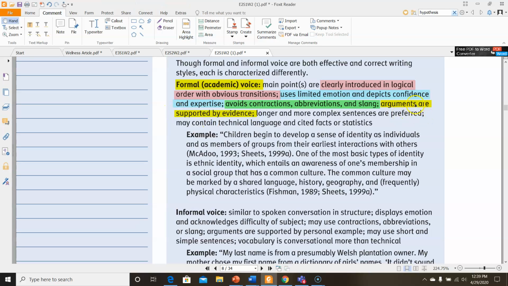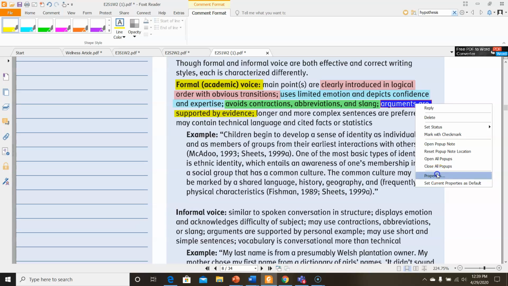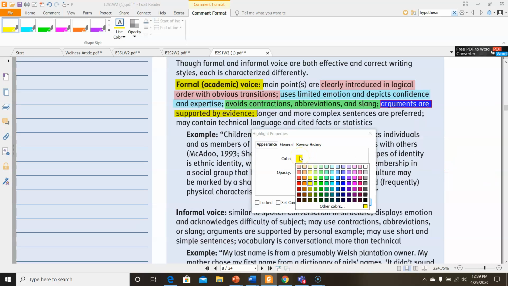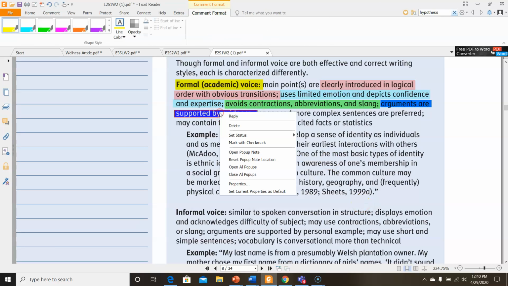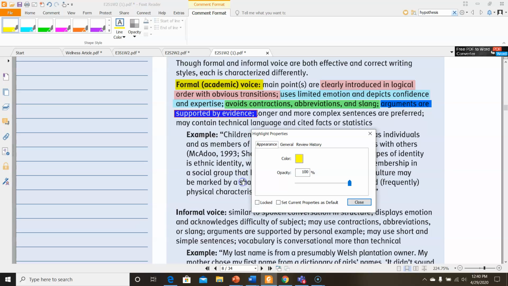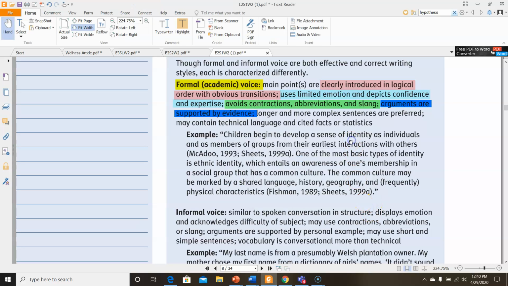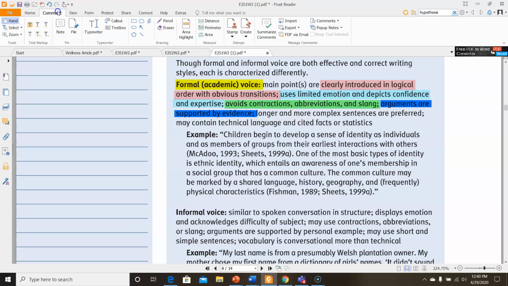And I'm going to make that one be a darker blue. Or like kind of a medium blue. And then longer and more complex sentences are preferred.